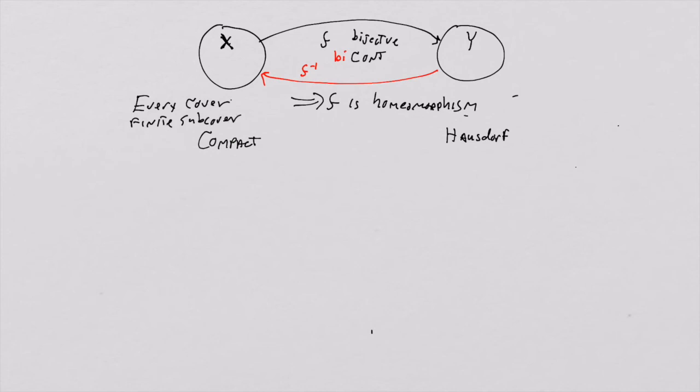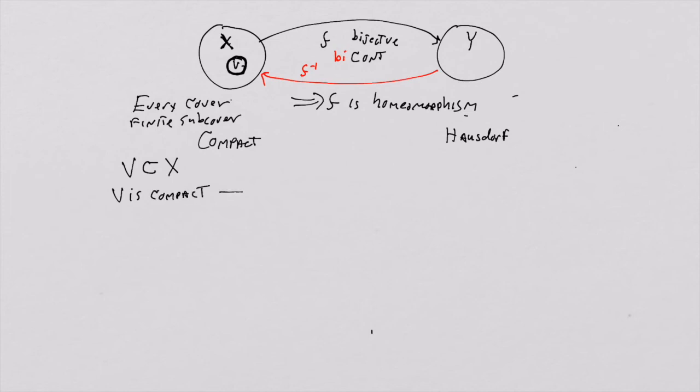So one thing that's true is, if I take an open set in X, well, actually, I'm not going to take an open set in X. I'm going to take a closed set in X, and I'm going to call it V. And I'm going to now assert that V, which is closed, is a subset of X, and V is compact.